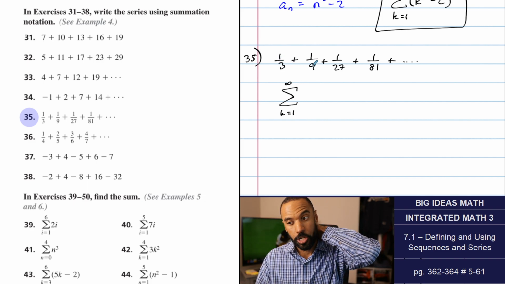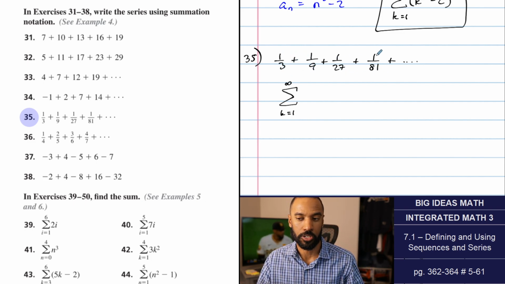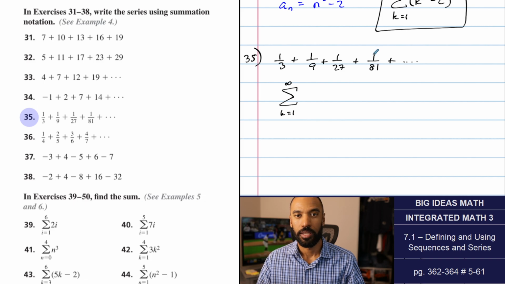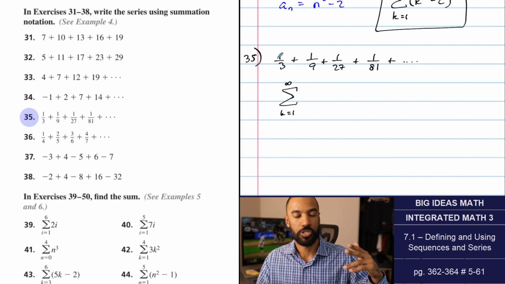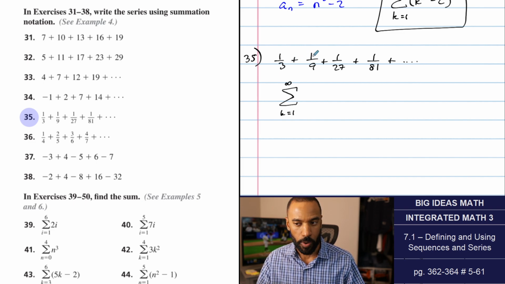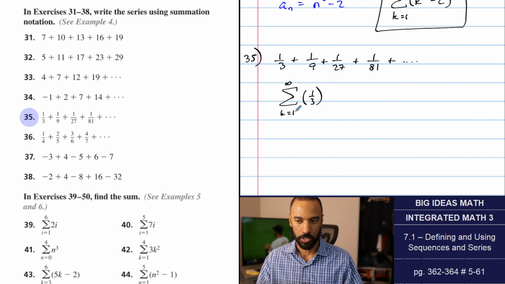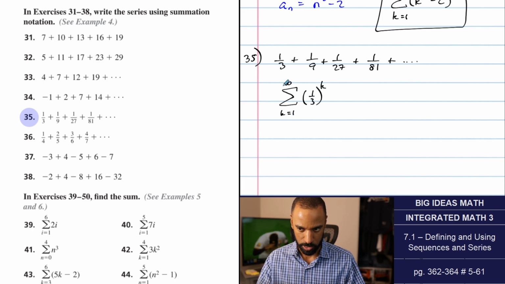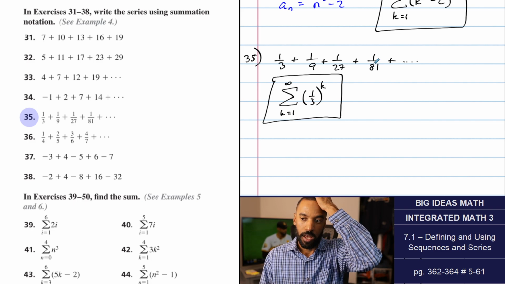Your common ratio is 1/3. Your denominator is getting 3 times larger while your top is constant. 1/3 to the first power is 1/3, and then you square 1/3 to get 1/9. You cube 1/3 to get this. You're raising 1/3 to whatever power you're dealing with, in this case the kth power. Then you keep adding them infinitely.